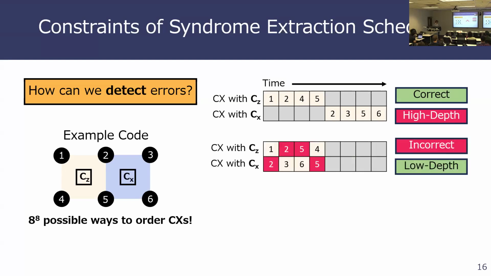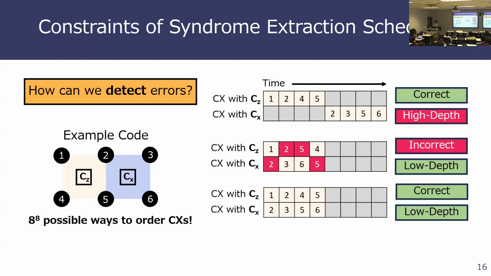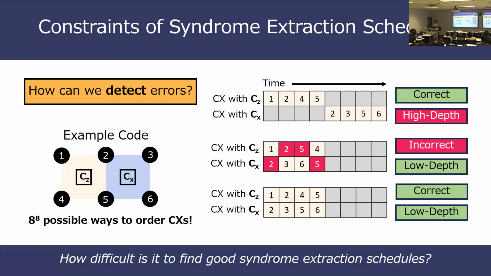It's not so easy, because the next circuit I've given is not functionally correct, but at least it's low depth. So we're getting closer. And the final circuit I'll give you is a functionally correct and low depth circuit. So this bottom one is ideally what we want. And the challenge here is that amidst this exponential number of possibilities for my CNOT order, I've got to find a needle in the haystack.